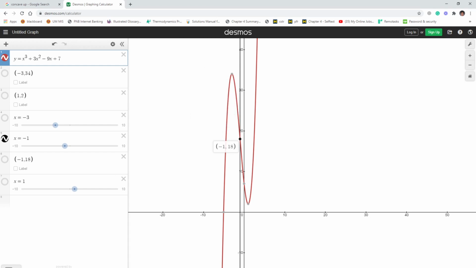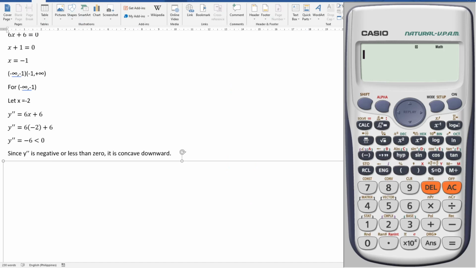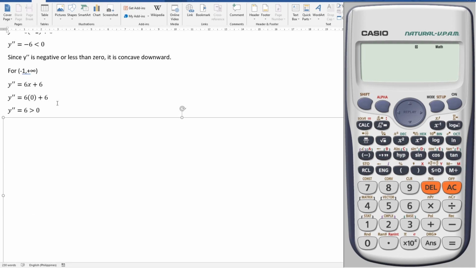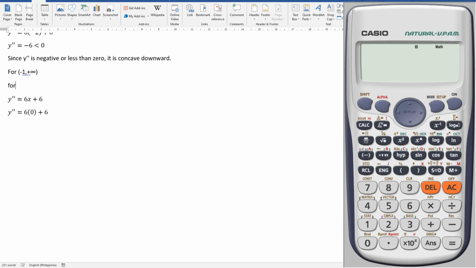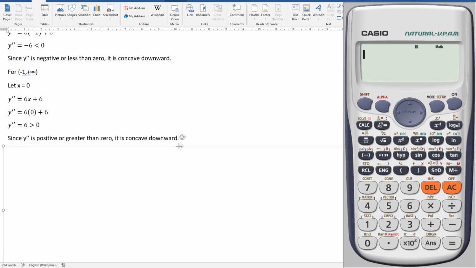And then for the second interval, same gyapon, mangita tag value in between that, so say 0 ang x. So we have y double prime is 0, which is 6.